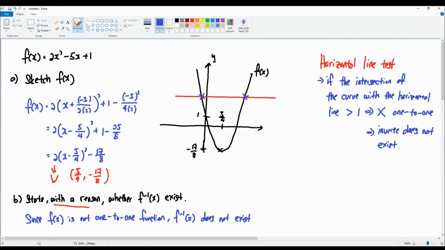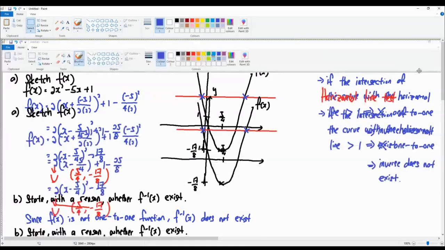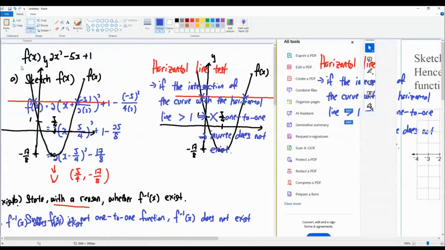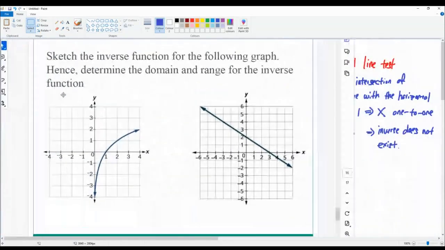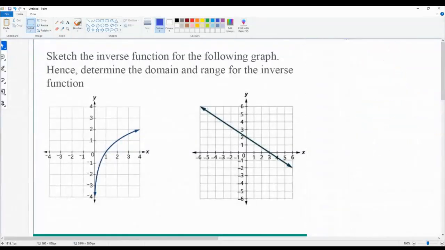All right. So next, let's try this question. This question is from the slide. Let me remove this one. As you can see from here, all the functions here consist of an inverse, right? How do I know?